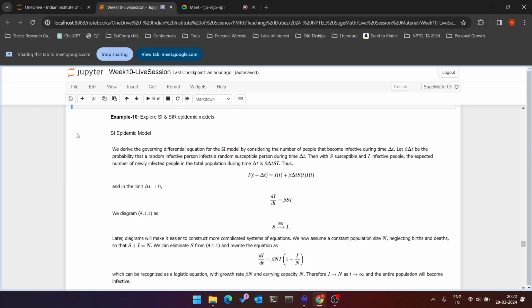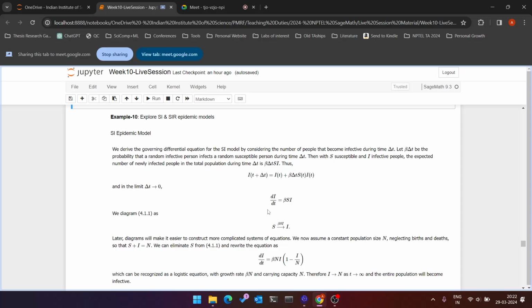Number 10. Explore the SI and SIR epidemic models. So, what is the SI epidemic model? SI refers to susceptible and infected. You have S susceptible people, I infected people, and beta times delta t being the probability that a random infective person infects a random susceptible person.